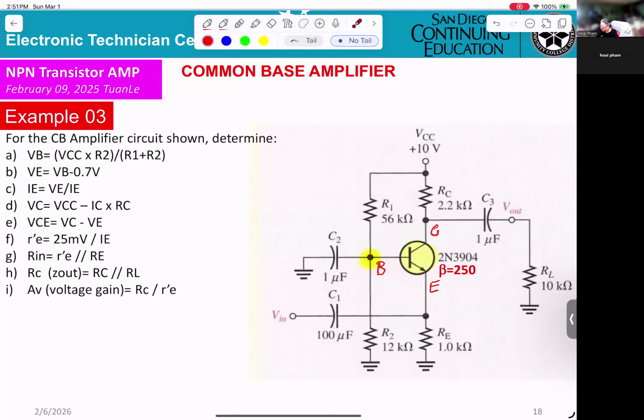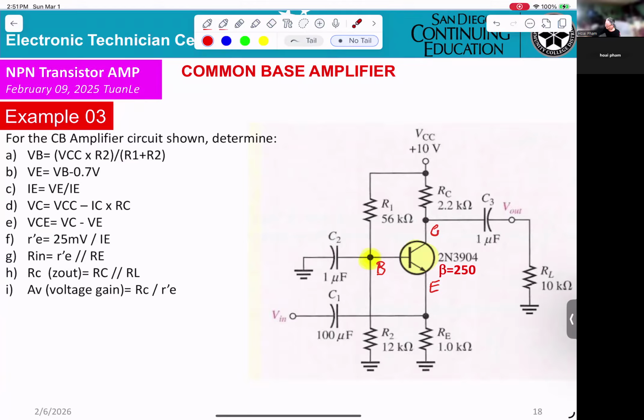And RC, output impedance, will be RC parallel RL. If you want to calculate the gain, it will be equal to RC divided by R prime E.